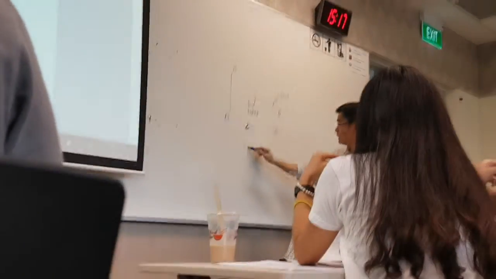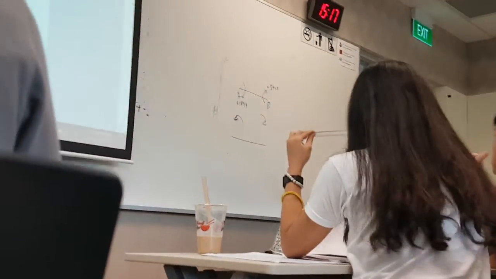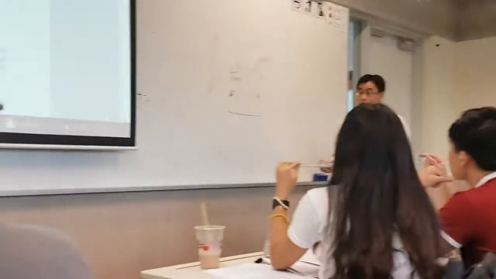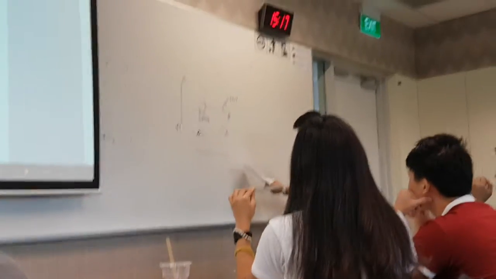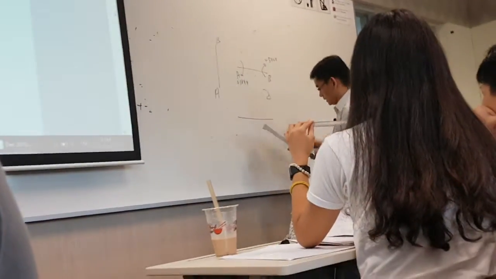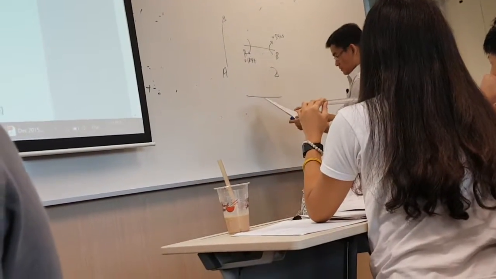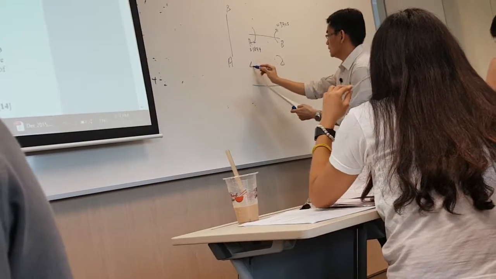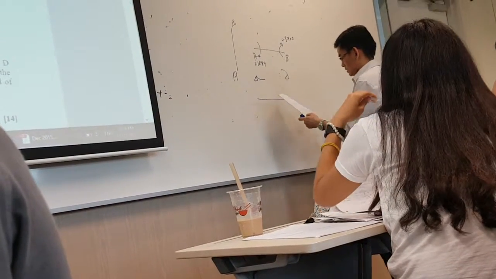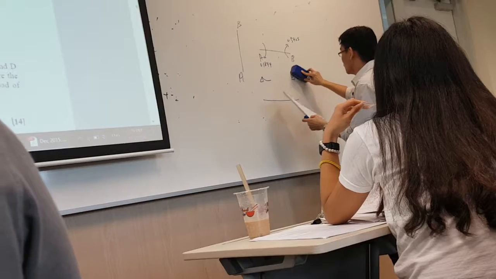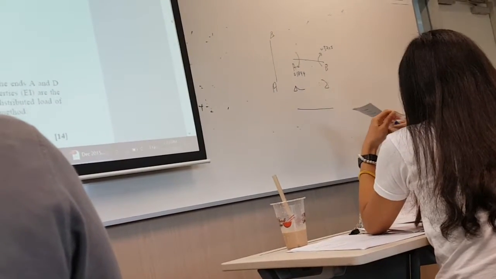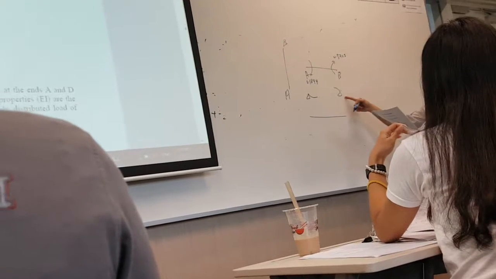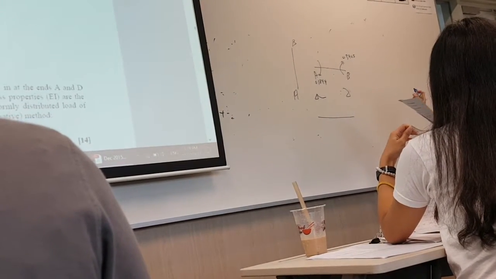So from there you will know the shape anyway. For sagging, what will we have?